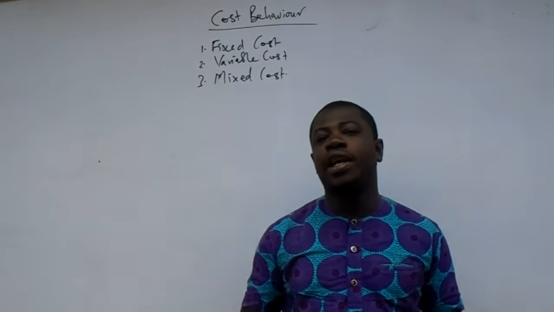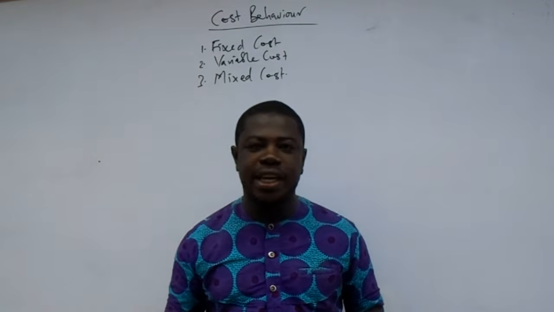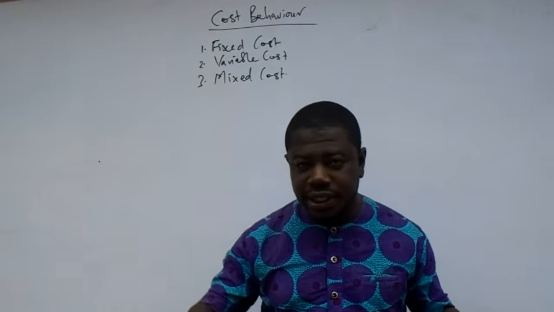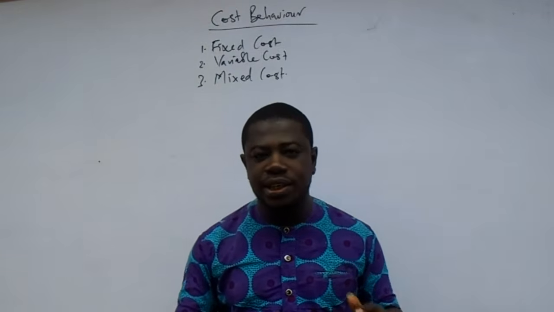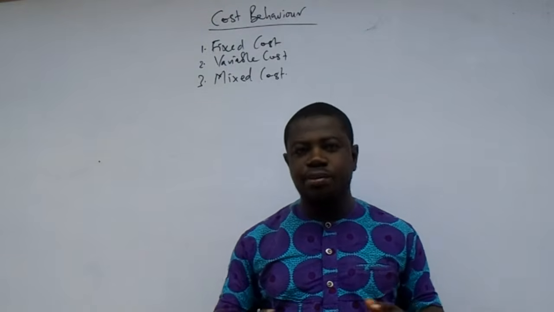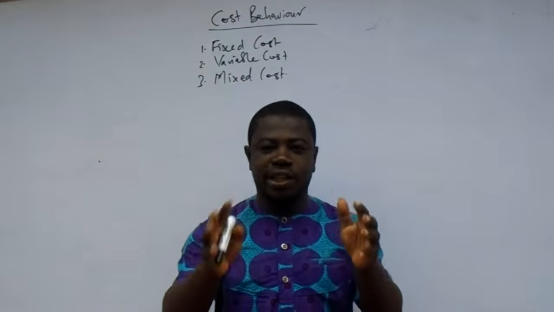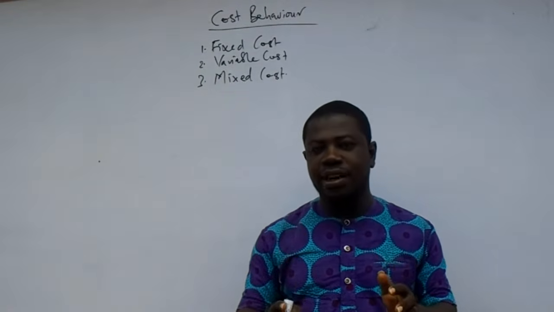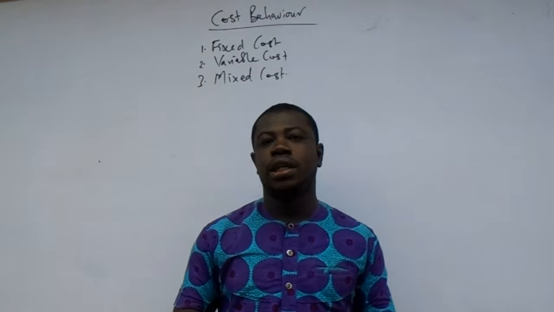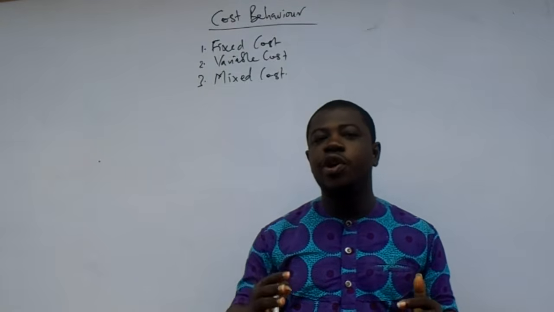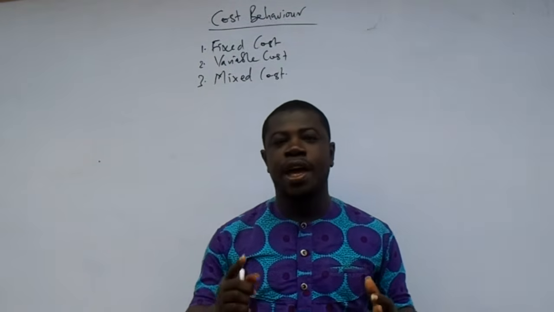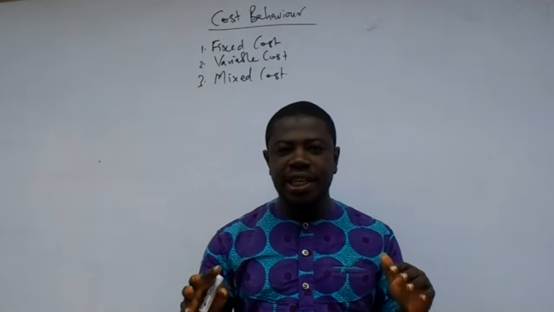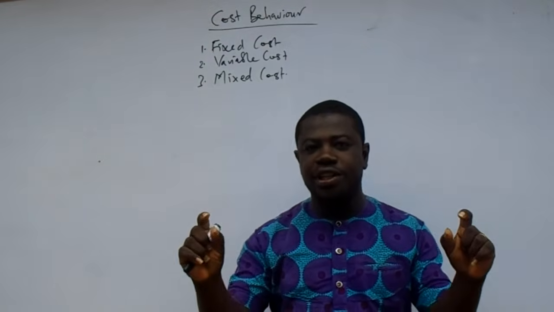Now, I know that a lot of us have learned over the years that fixed cost does not change. No matter what, it doesn't change. It remains fixed, the same constant. Now, I just want to challenge you at this level that fixed cost can change when it goes beyond a relevant range. And so fixed cost does not change, yes, but it is within a relevant range.